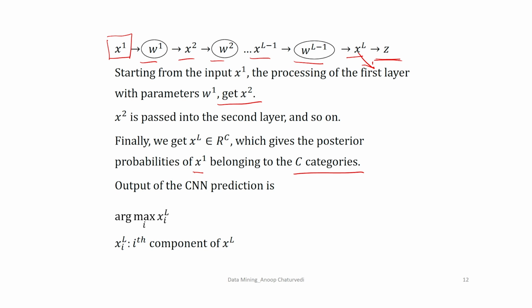Then the final output of CNN prediction is argument maximum over i of XIL, means you classify x1 into the class which has maximum posterior probability. So, this is the final output. So, XIL is the ith component of XL, and we obtain that i for which this XIL is maximum.